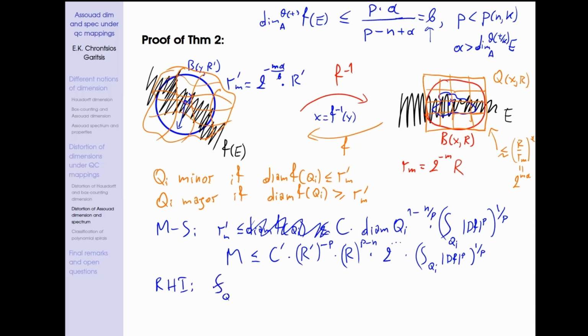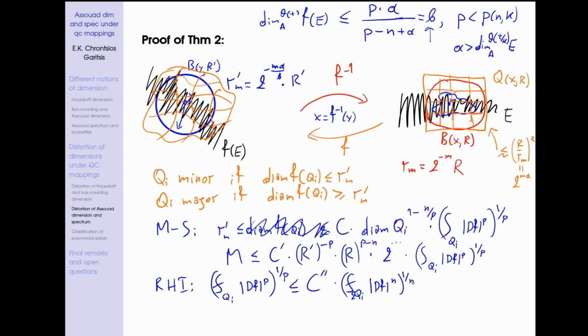This was the average over Qi of the norm of the derivative to the p, whole thing to the 1 over p, less or equal than some other constant again, times the same average, over the double cube, but now to the n, the whole thing to the 1 over n.